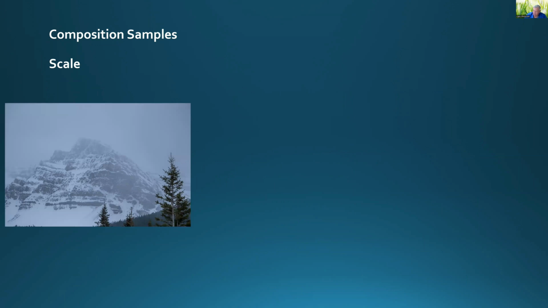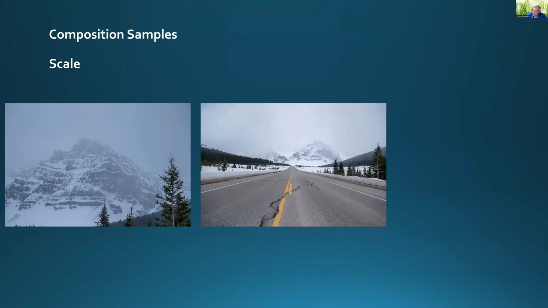So scale. I took this in April. Hey, it's a mountain. It's got snow on it. Okay, there's a different view of that mountain. So you can see now I've brought a road in. People recognize a road, and you can kind of see from the first picture to the second picture how now that mountain looks, oh yeah, that's a big mountain.